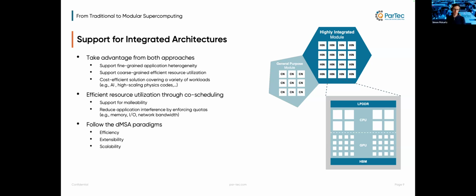And of course, we then have to think about how to still make use of this efficient resource sharing, especially to avoid the problem of so-called dark silicon. And here, one solution is, of course, the possibility of doing efficient co-scaling of applications. And in this context, also the concept of malleability is of major interest, which I will show later on.